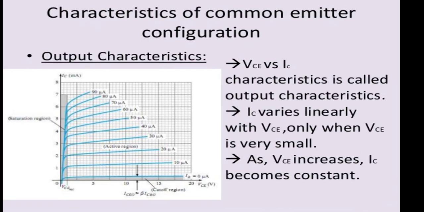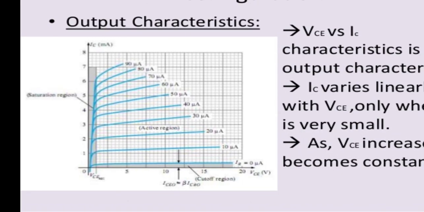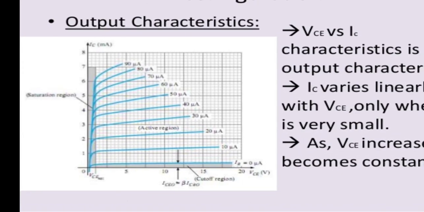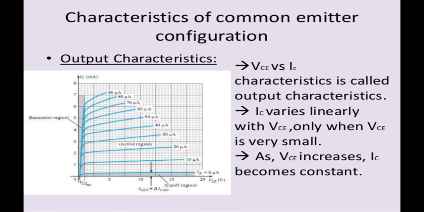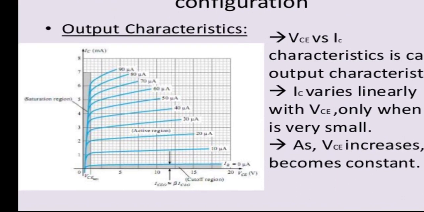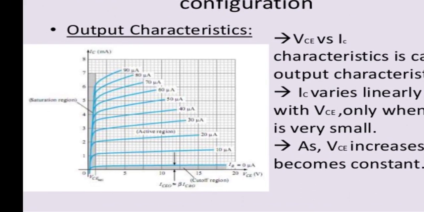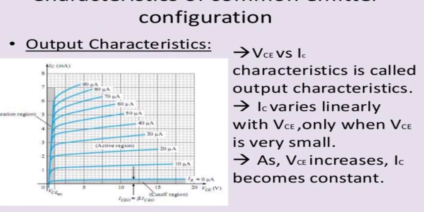As VCE increases, IC becomes constant. If we increase the common emitter voltage, then the IC current stays constant, with maybe some very negligible variation, so it is observed as constant.